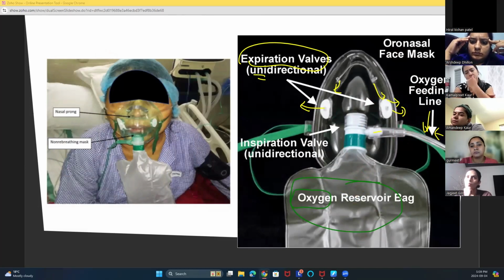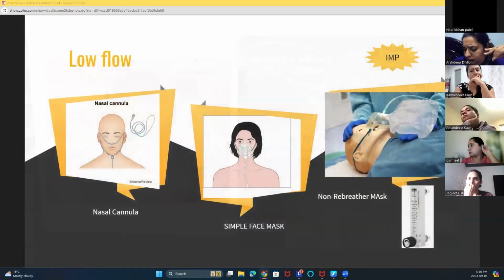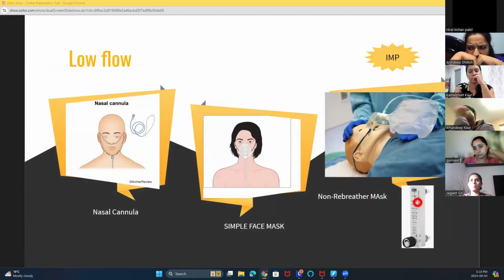So this one is not actually giving the oxygen to the patient. For example, if you turn it on, it goes up to 30 to 40. It doesn't mean you're giving 40 liters to the patient. You are turning it up to inflate this balloon. The patient is inhaling through this balloon.